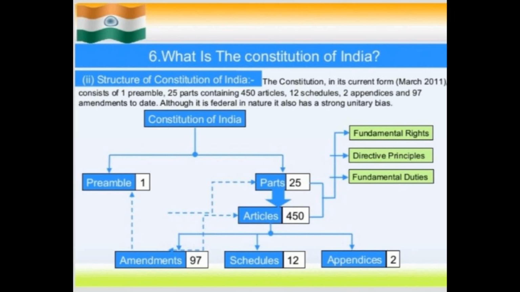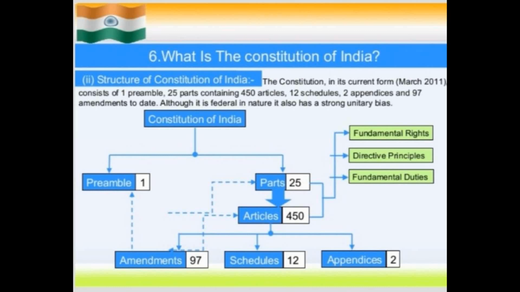The constitutional makers categorized the constitution into various categories, so that in each category we can understand the rules or regulations belonging to one particular segment. The constitution has a preamble as part of its structure.